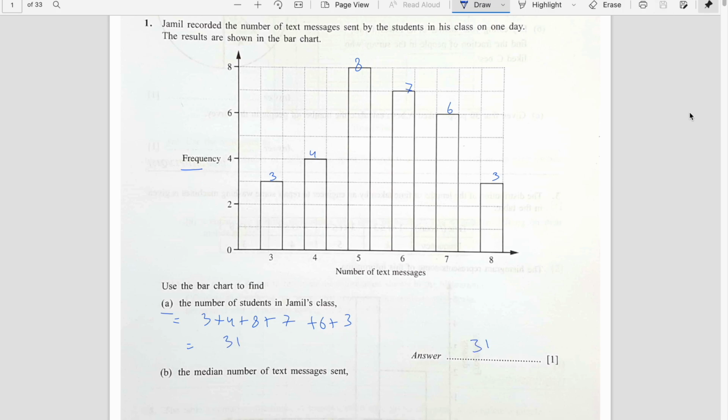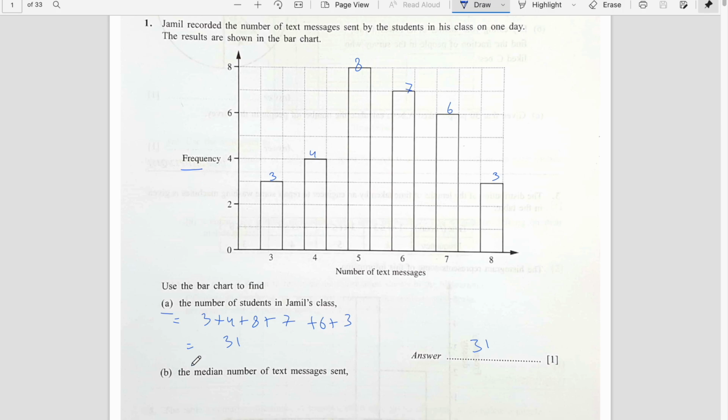I hope we are getting the same total. Do we get the same total?